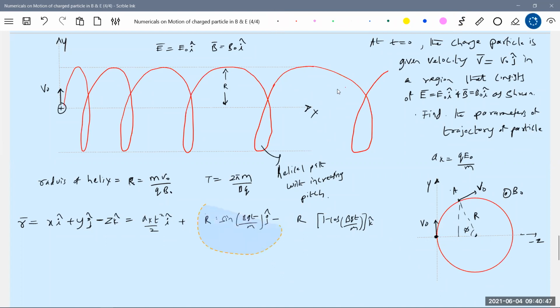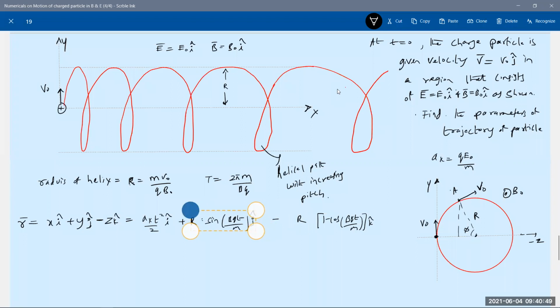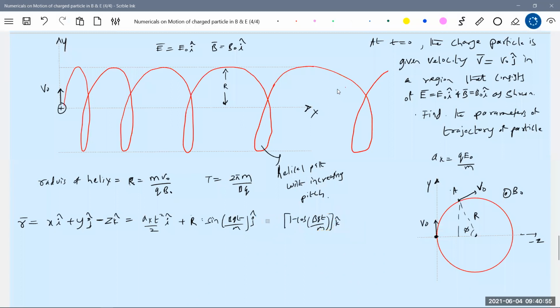Hope you are able to think the way. What is R? R we will substitute all the values. So this will become qB naught sine B naught.